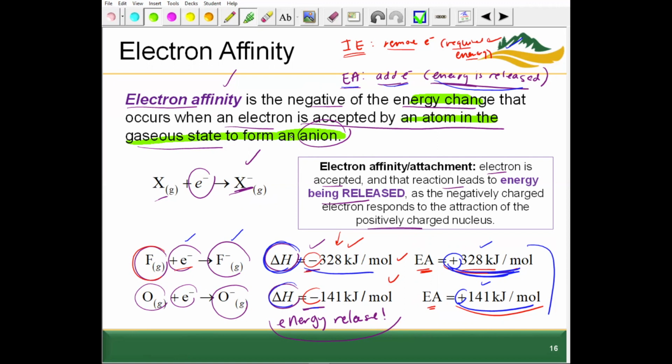What do I mean by this? Well, this is neutral. Then we add on an electron to form an anion, or X-. For silicon, for our practice problem, do we see a reaction that resembles this, where we have neutral silicon plus an electron forms the anion?